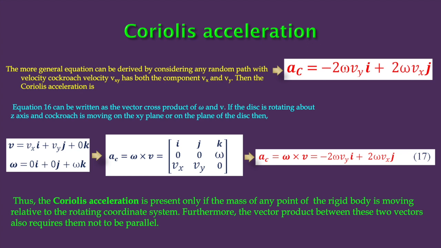Then any point on the rigid body is subjected to this Coriolis component of acceleration, which is the combination of the effect of both the angular velocity as well as the linear velocity.